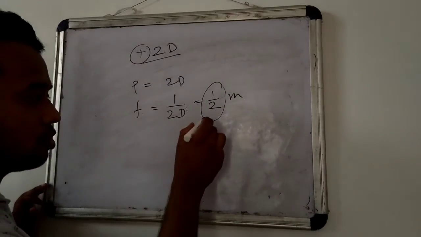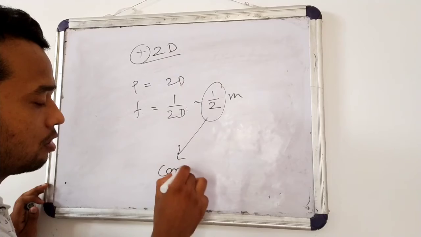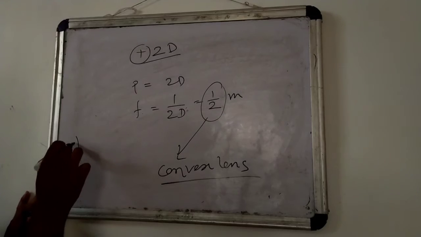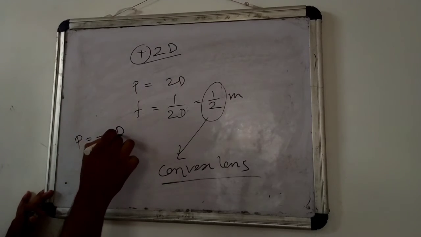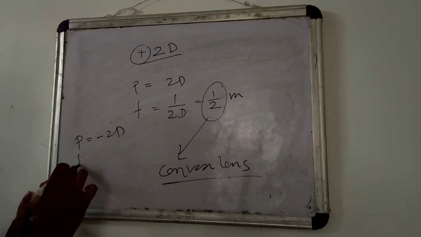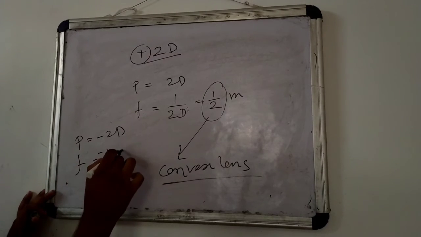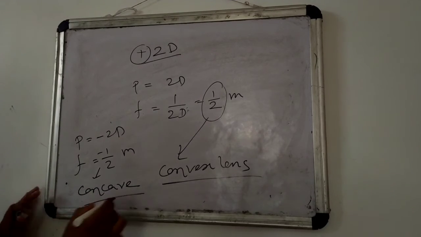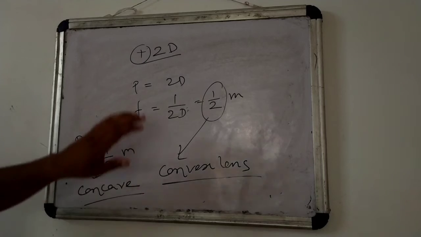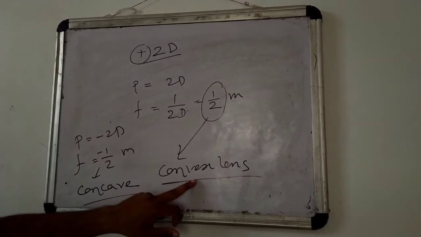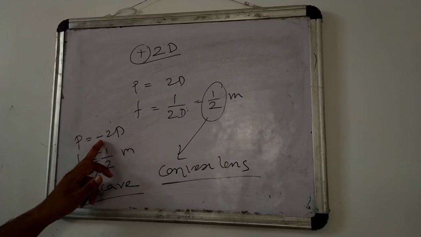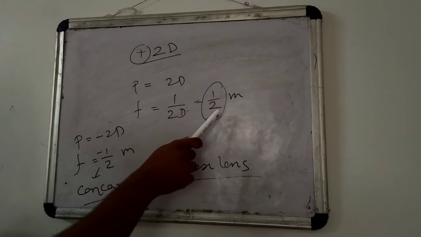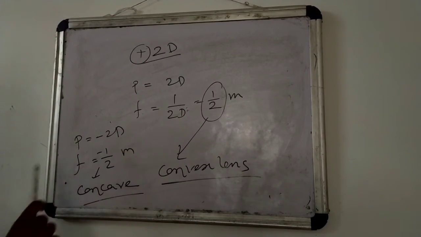If focal length is positive, then it will be a convex lens. Or if power is negative, say minus 2D, then focal length is minus 1 by 2 meter, and in this case the lens will be concave. That means if power is positive, the lens will be a convex lens. If power is negative, the lens will be a concave lens. Because for a convex lens, focal length is positive, and for a concave lens, focal length is negative.